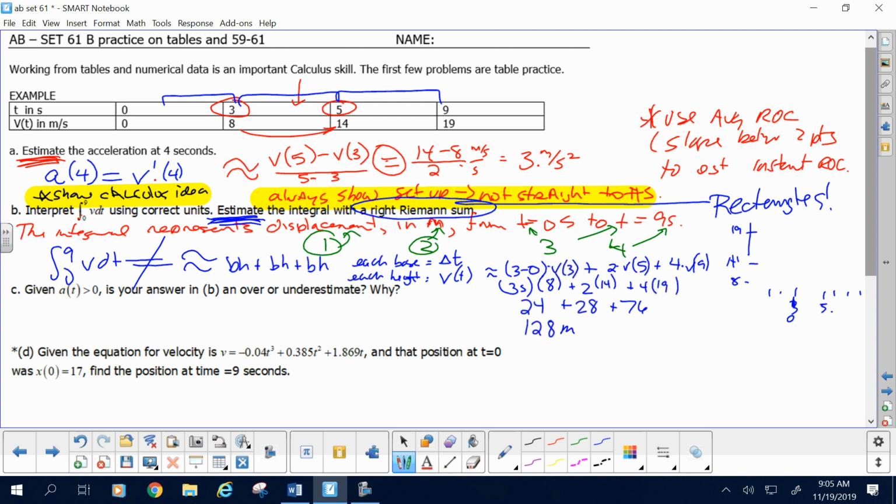You could also say at time 9, I was roughly 128 meters from where I started. Okay? If acceleration is greater than 0, is your estimate in B an over or an underestimate? What does acceleration greater than 0 imply about velocity? Velocity is increasing.